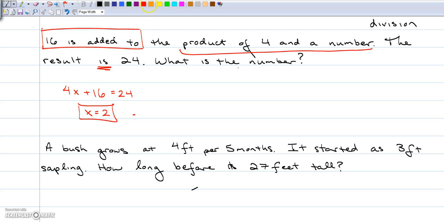So one of the big things here is that you see the word per. I didn't give it to you as a key word before. When we talk about per, that's a key indication that I'm talking about slope or division. It is automatically a fraction.